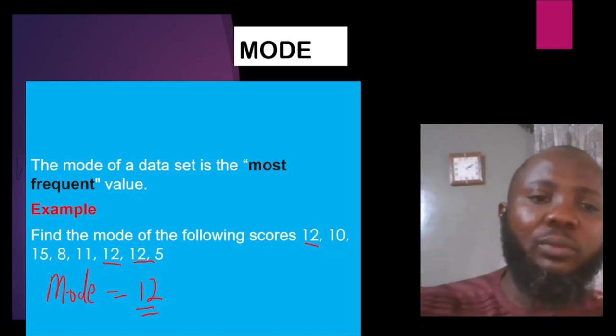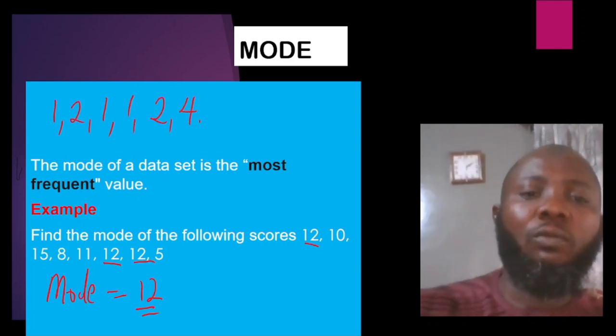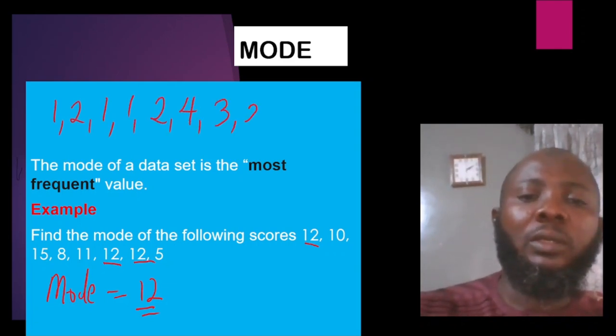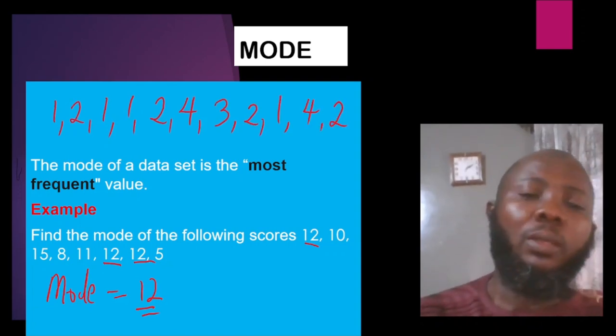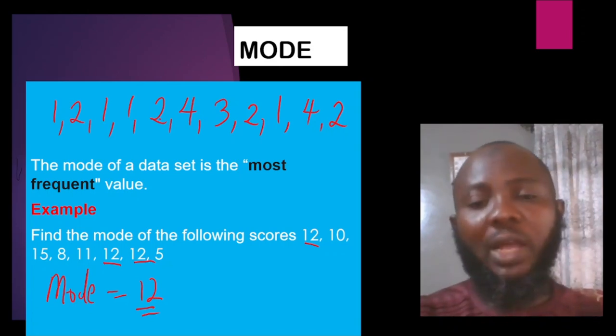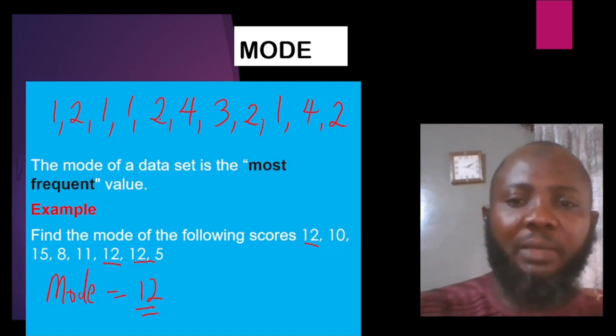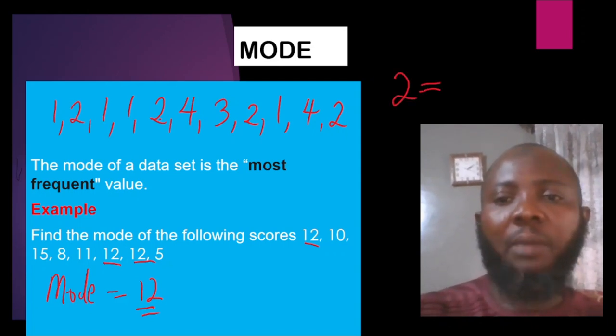Let's look at this example. We have 1, 2, 1, 1, 2, 4, 3, 2, 1, 4, 2. Now, if you look at this, how many times does 2 appear?